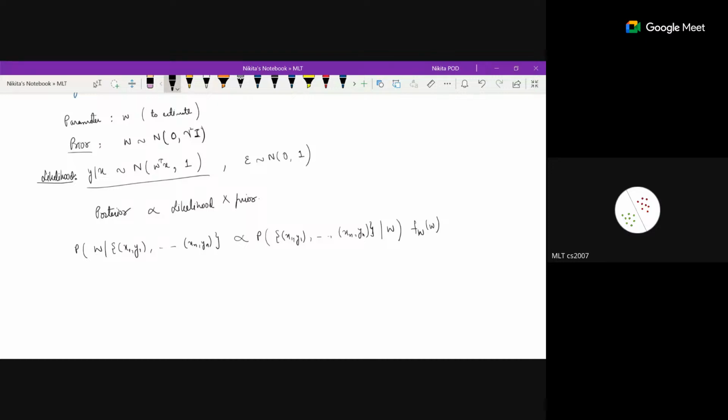How does the likelihood look? It will be the product of i varying from 1 to n.